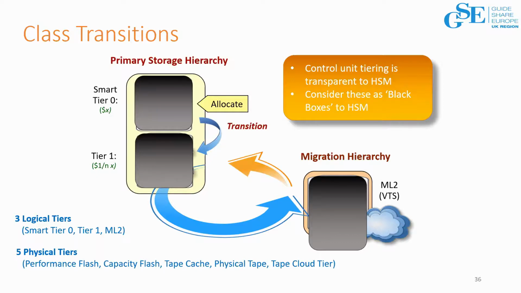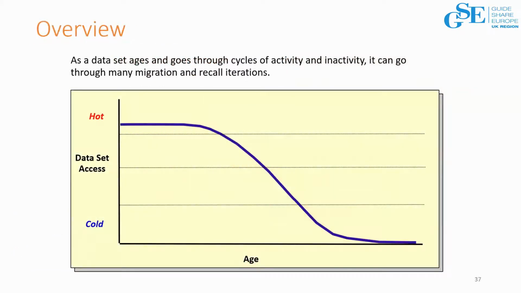So you may be wondering, how does all of this reduce CPU? And we're going to cover that here on these next few slides. On this chart, we see how HSM manages data movement without class transitions. This chart is showing the activity level of a data set as it ages, and you can see for a period of time after the data set was created, that data set's temperature is hot because it's being frequently accessed.